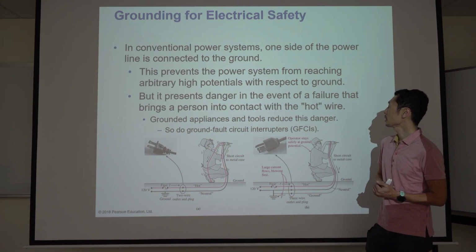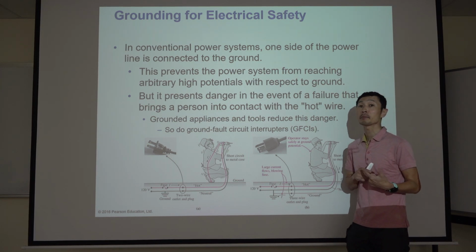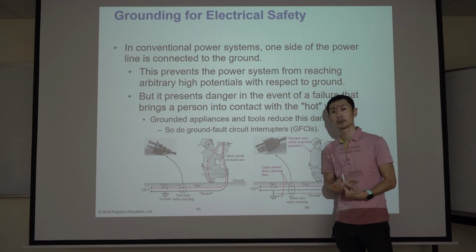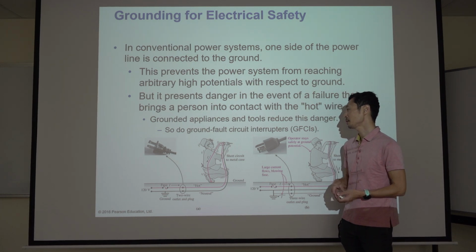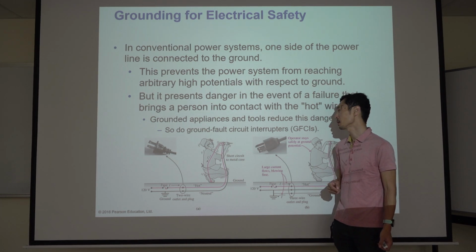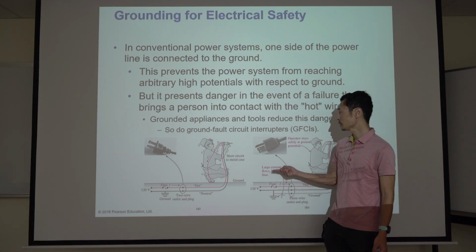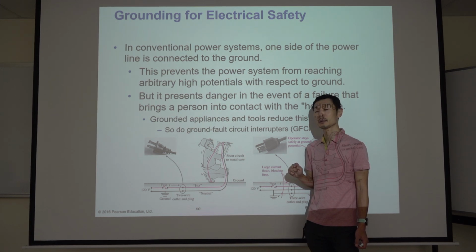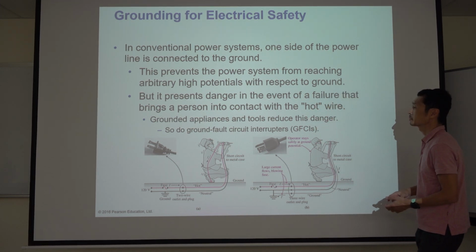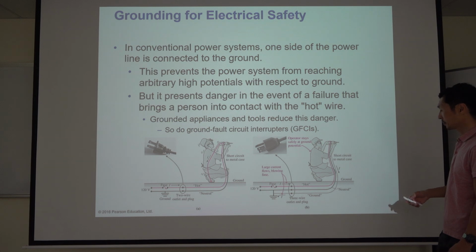As we saw, if 100 milliampere of current goes through the human body, you could die. So this is very, very important. When you see this, please use it. That's for your safety.